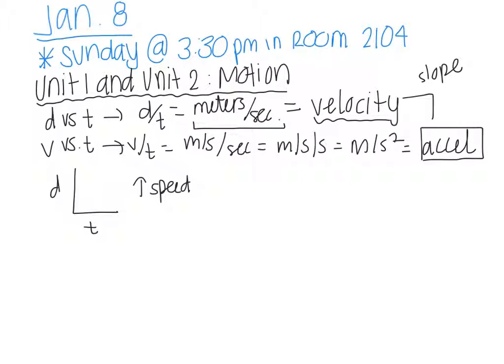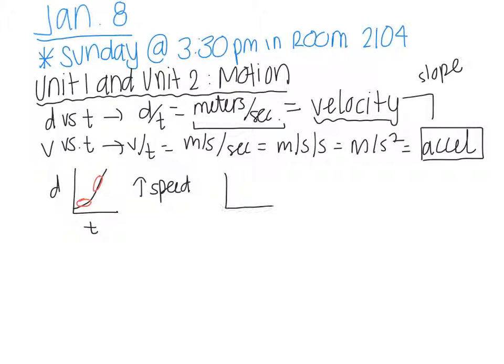So to be increasing my velocity, I need to increase my slope, okay? I'm telling you that slope of a D versus T graph is velocity. So to increase speed, I need to be increasing velocity, meaning I need to be making that slope steeper and steeper. If you look here, the slope here is a lot more level than the slope up here. So I've made it steeper, which means I have increased speed.